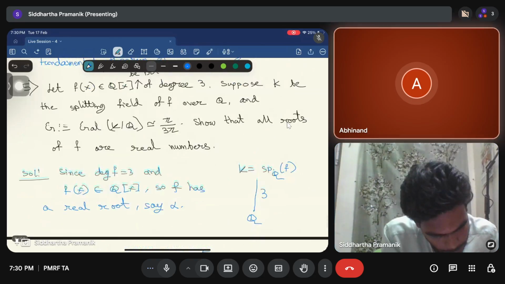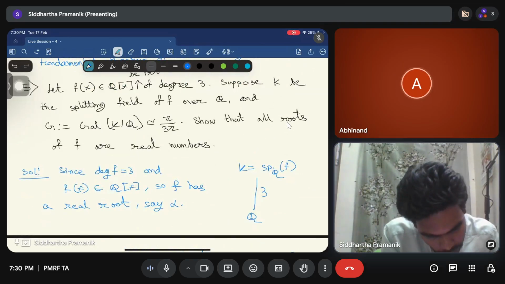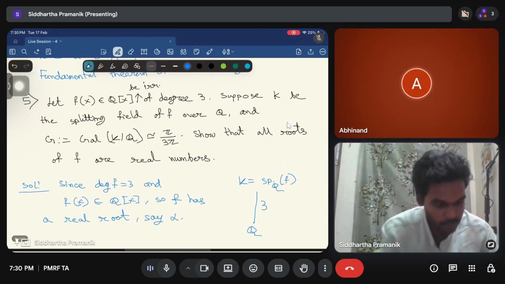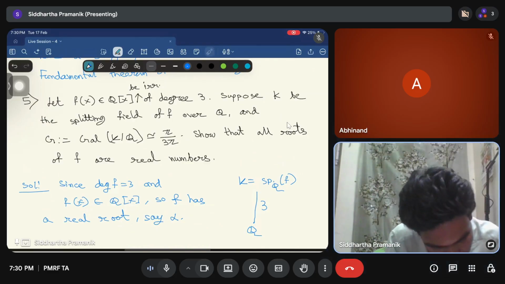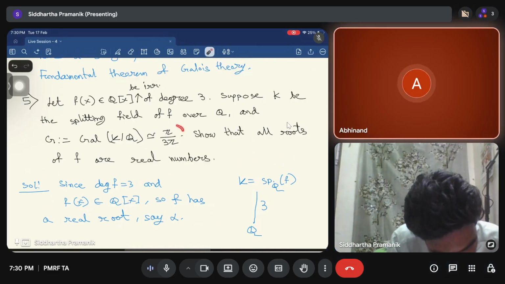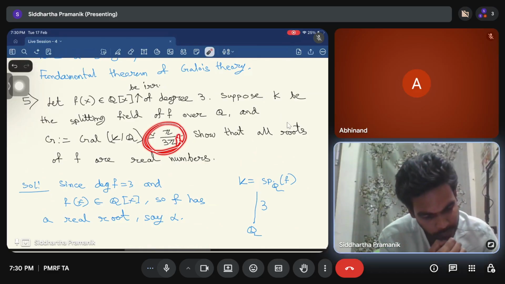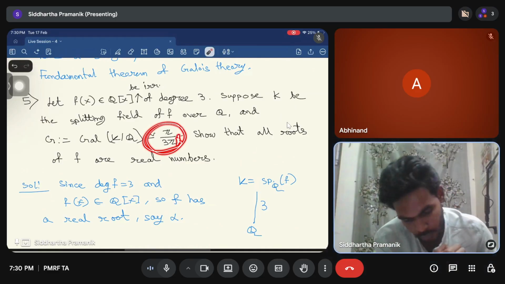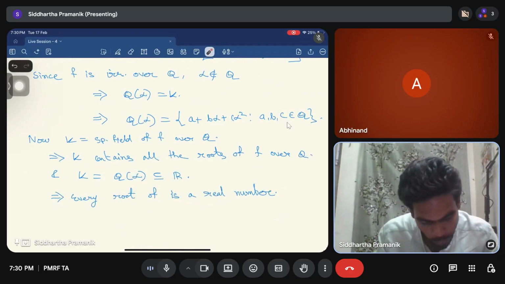If it's not irreducible, it has at least one rational root, and the other roots might be complex numbers. But in that case, the Galois group cannot be Z3. Its splitting field will be the splitting field of that degree 2 factor, and that has to divide 2 factorial. So it cannot be Z/3Z. So we have to assume that the polynomial is irreducible.